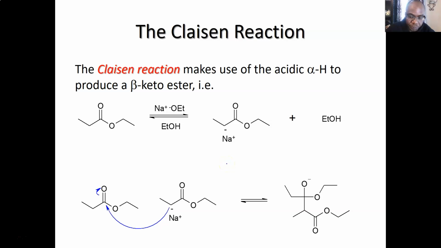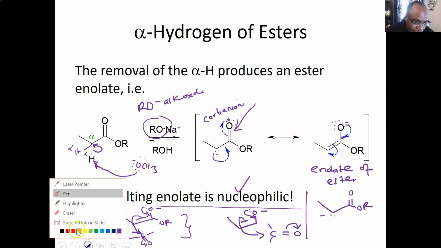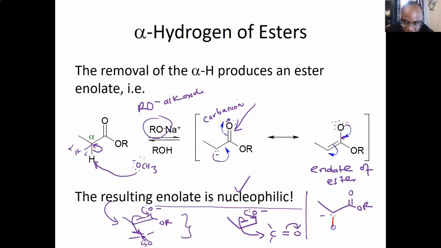Okay. Now, for purposes of this class, I will not use the enolate to show this nucleophile character. Instead, allow me to use this carbanion, which can form an enolate. So you can use the carbanion as a nucleophile to attack another carbonyl of another molecule, and this can open up.